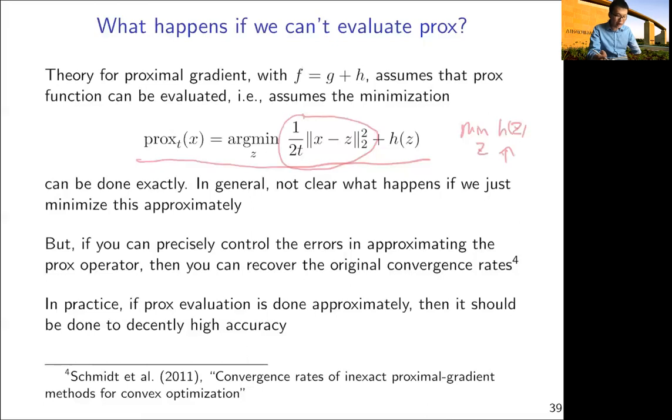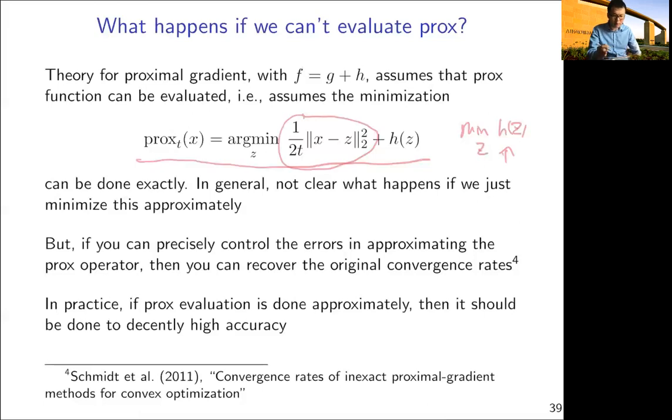There is work that talks about how the errors in approximating this prox operator lead to interesting outer loop bounds on the convergence of the proximal point method.